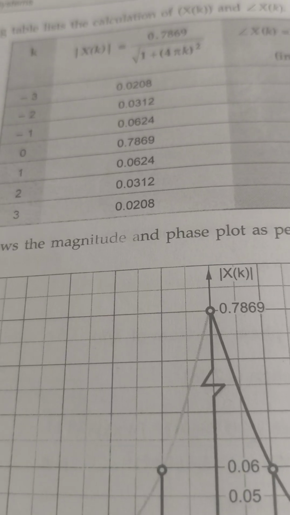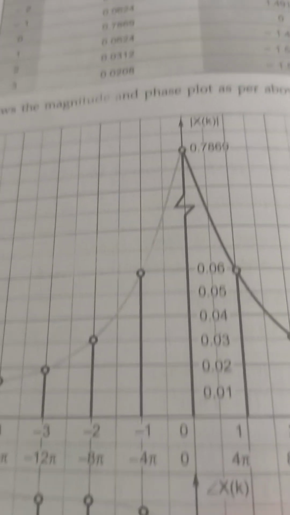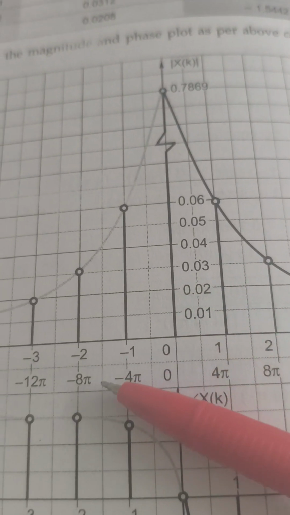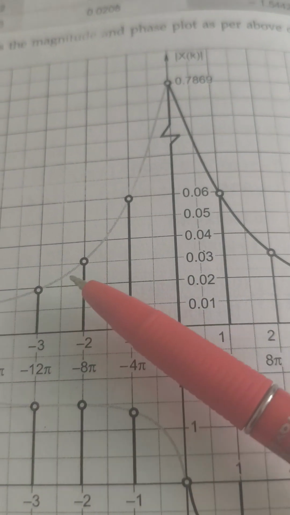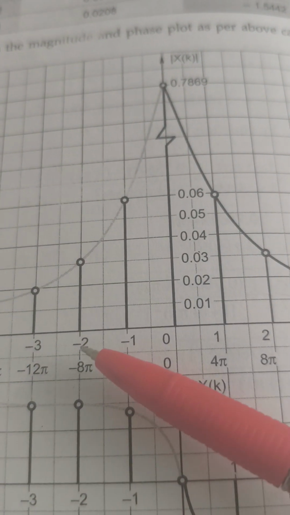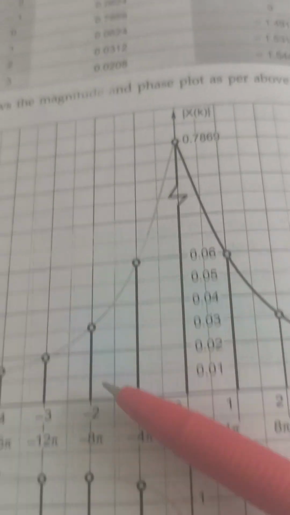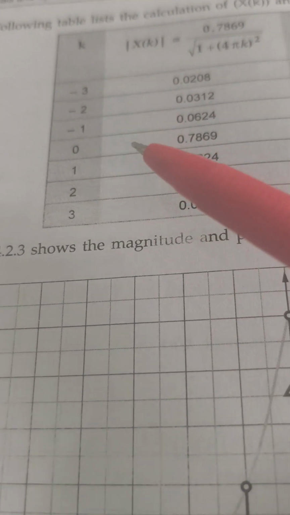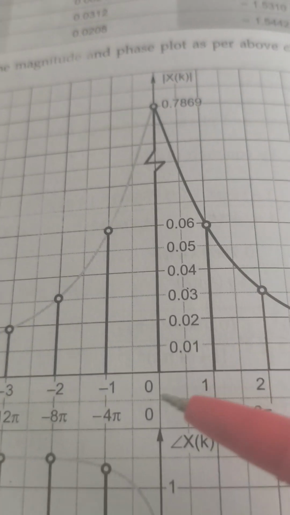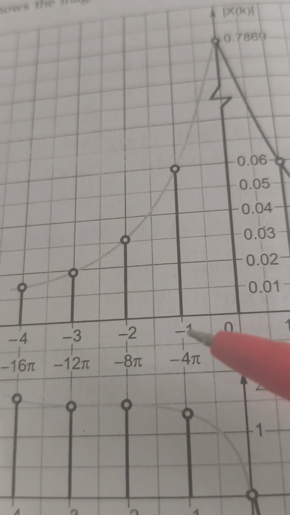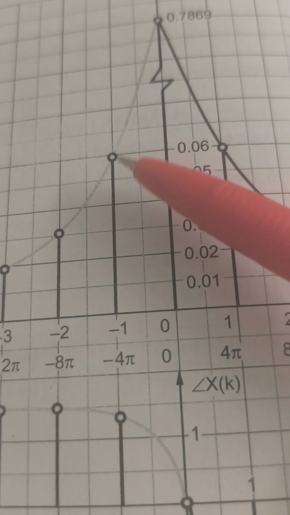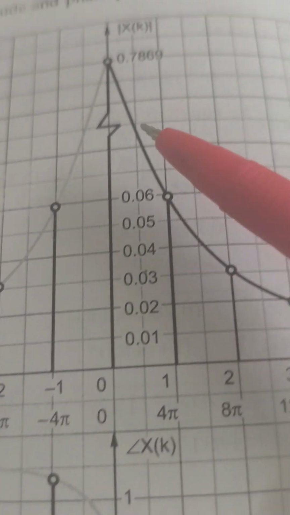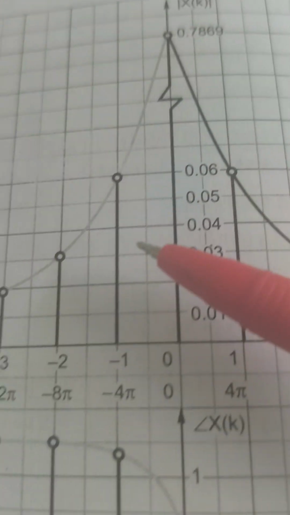It is 0.03. Here you see for minus 2, it is 0.3. For minus 1, how much? It is 0.06, the magnitude of X[k].